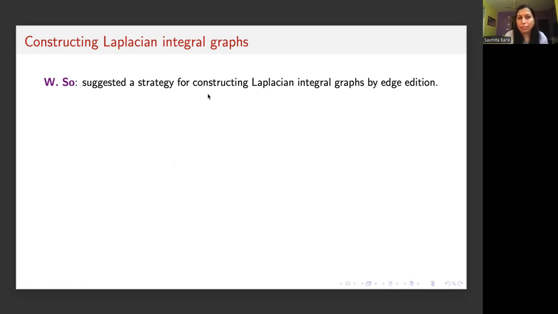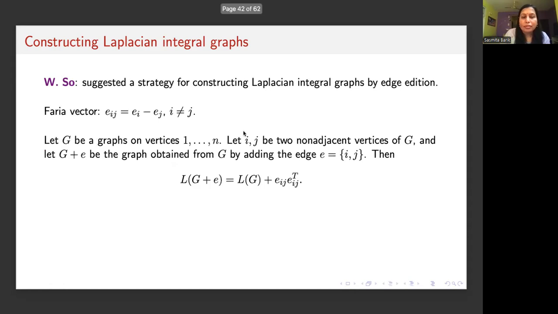So he proposed this way that given an integral graph, let us add edges one by one, and let us construct some Laplacian integral graphs. Okay, so this is happening in this way.